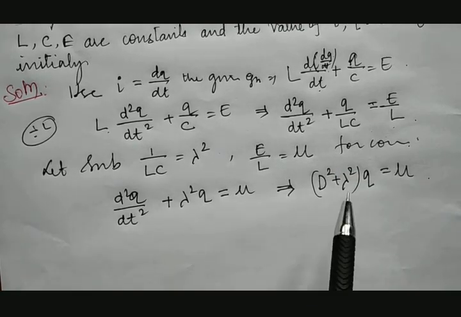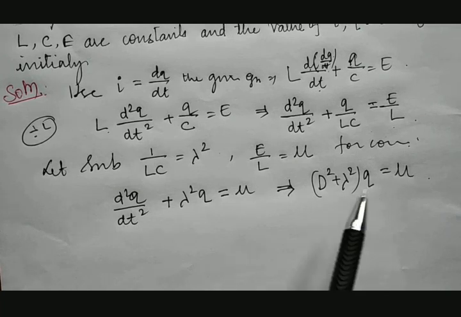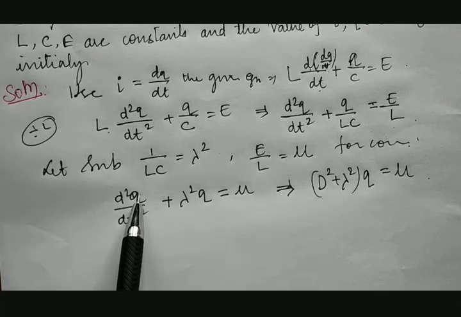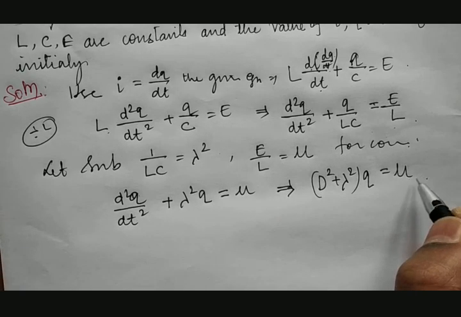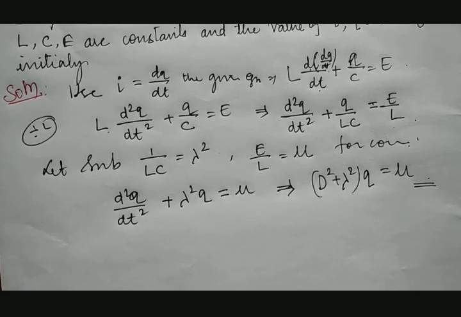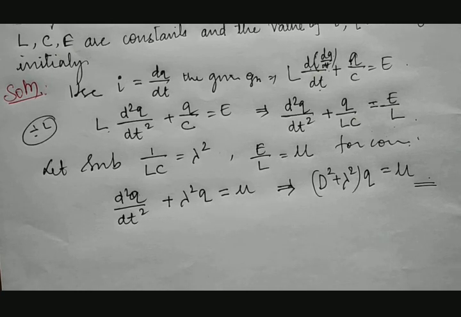One thing we need to keep in mind: Q is a function where t is the variable. Is this homogeneous or non-homogeneous? If you see this example, this is a non-homogeneous differential equation which has to be solved.